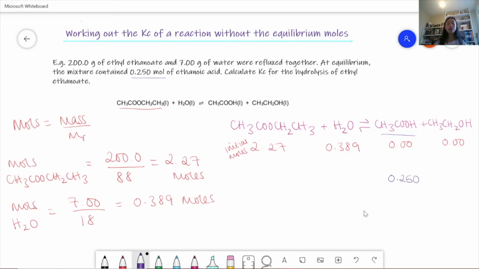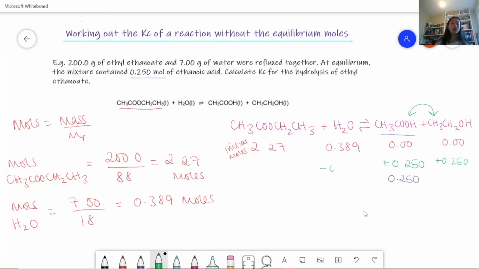And so now we can begin working out how much we've lost. So here we have gained 0.250 moles. And so that means that looking at the ratio between these two, it's a 1-to-1 ratio, which means that this one must have also increased by 0.250 moles. And then we see that actually the ratio between everything and this ethanoic acid is 1-to-1.